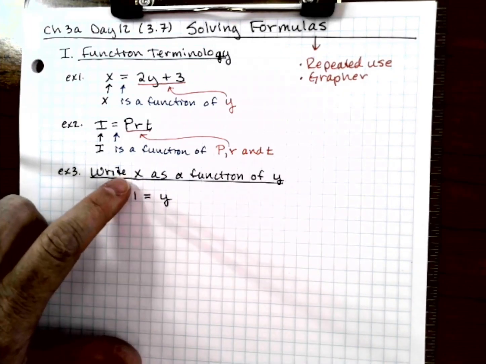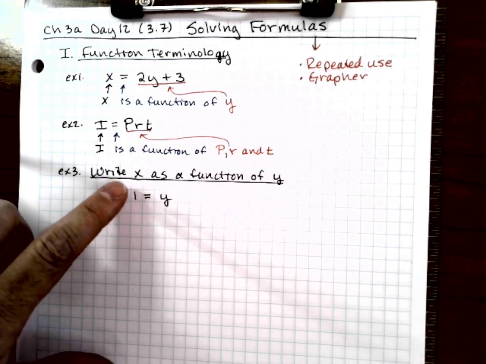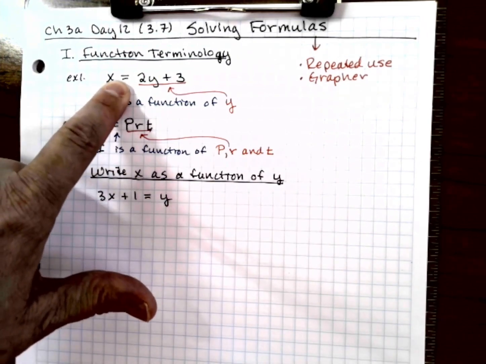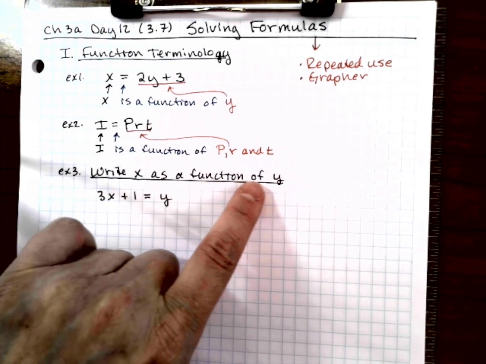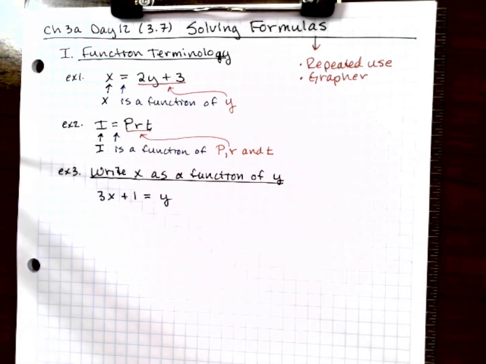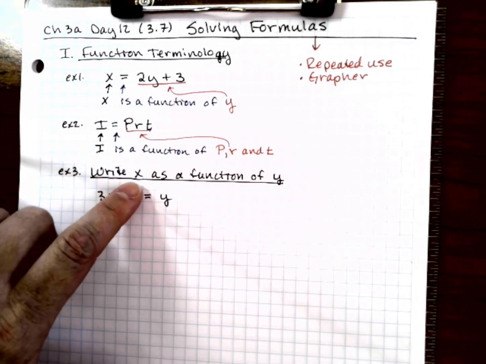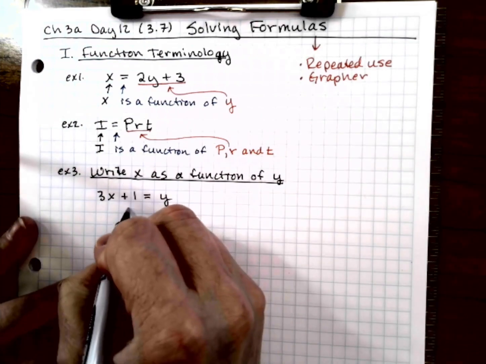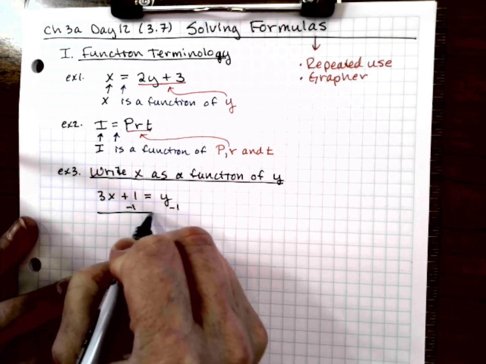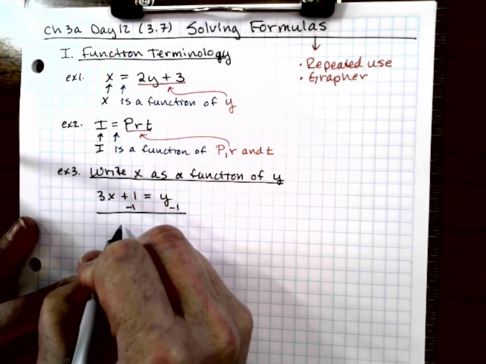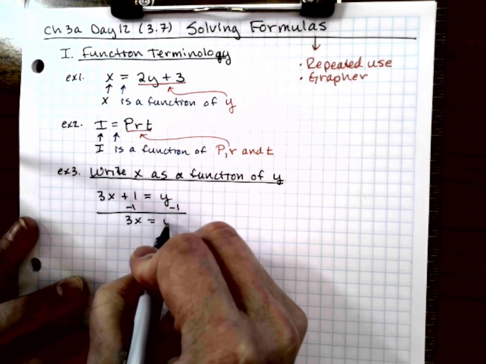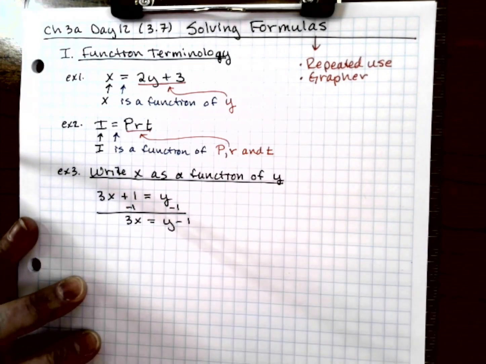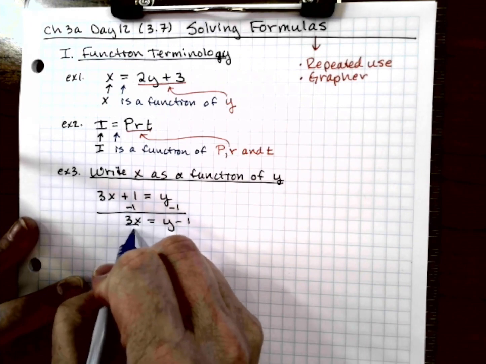Okay, so writing x as a function of y means it's going to be x equals, and then as a function of y, you're going to have numbers and y on the right. But the main part is x as a function means x equals. So to get x alone, we're going to subtract 1 over to the right. So that gives you 3x equals y minus 1. And then, of course, to get the 3 off of the x, put this over a 1.